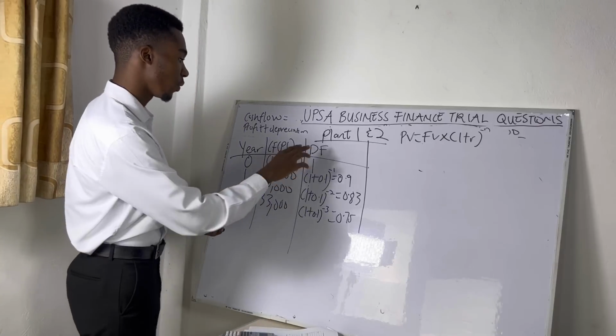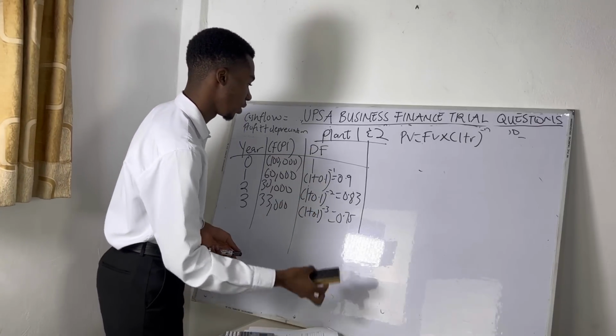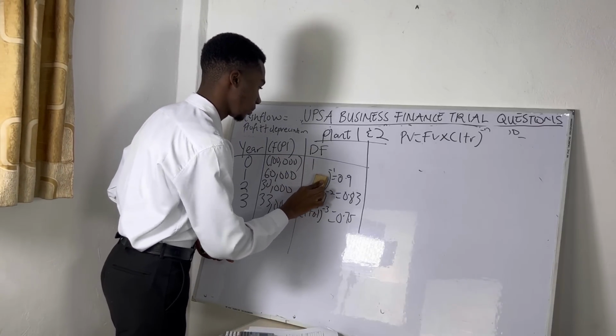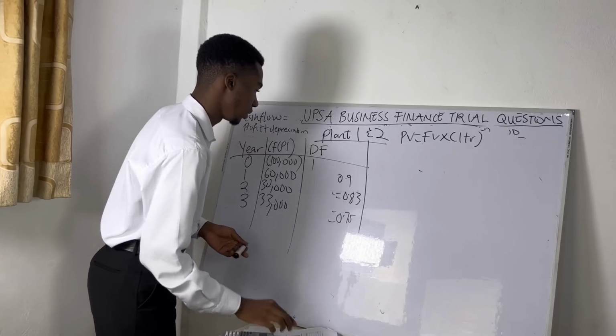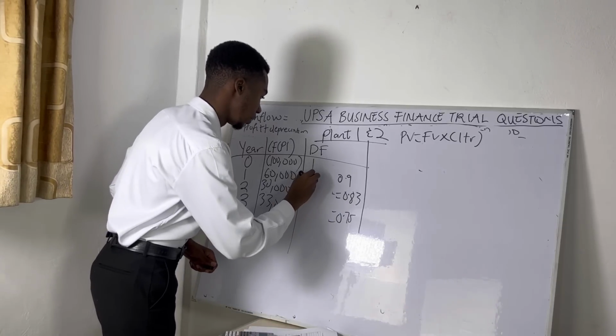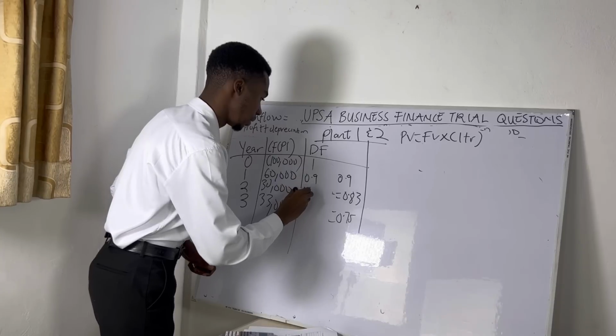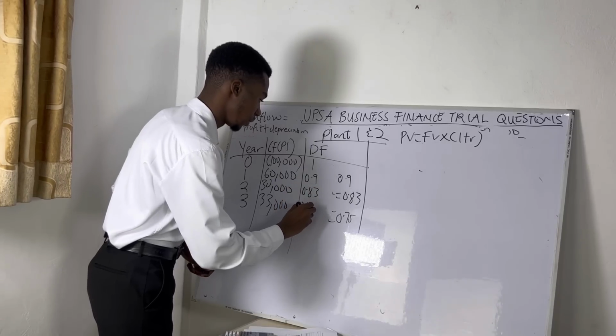So since we've already done it, I can clean how we got it. Let me clean this side, and let me put the values here: 0.9, 0.83, and 0.75.